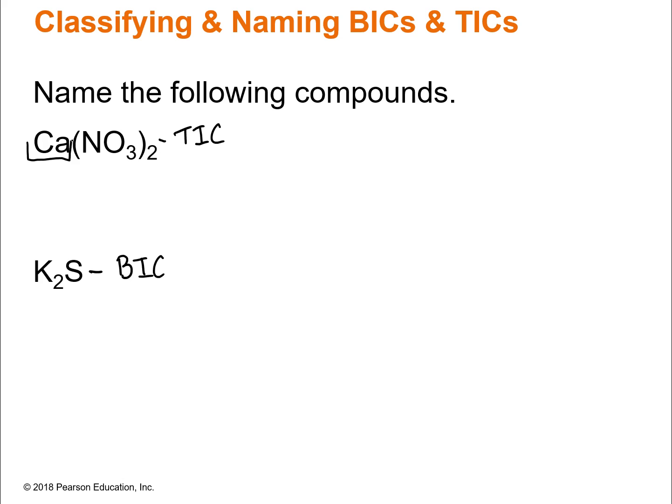Calcium. Is it a transition metal or no? You can just write TM or no. Or na if you want to. So transition metal or na. It's not a transition metal. So that means that we can look at the periodic table and figure out what its charge is.